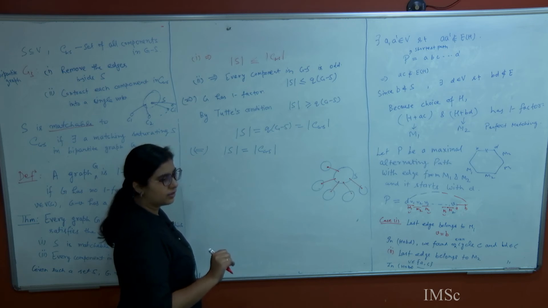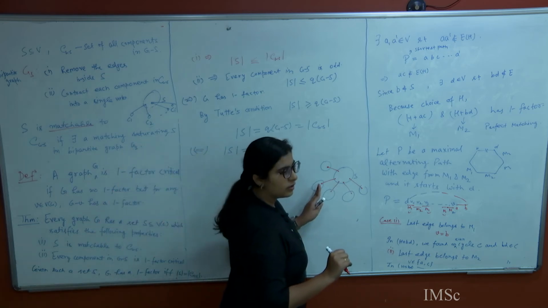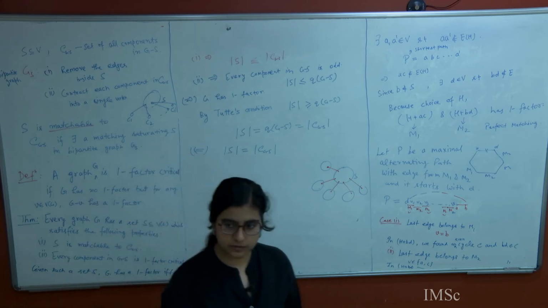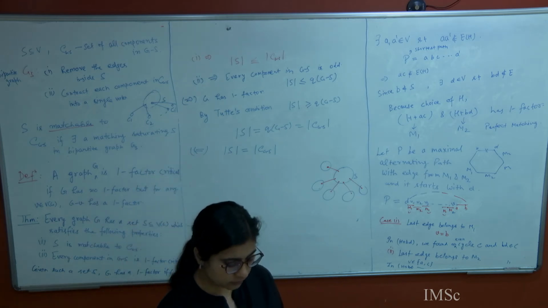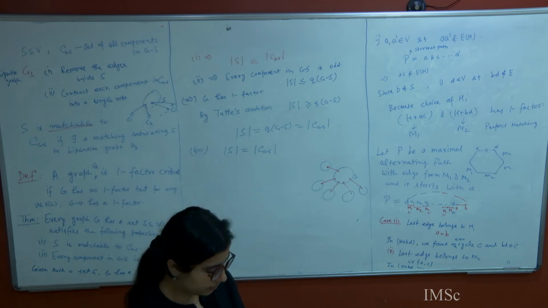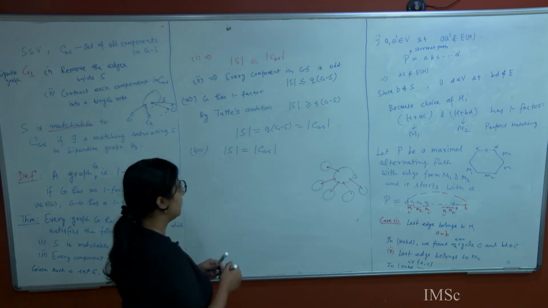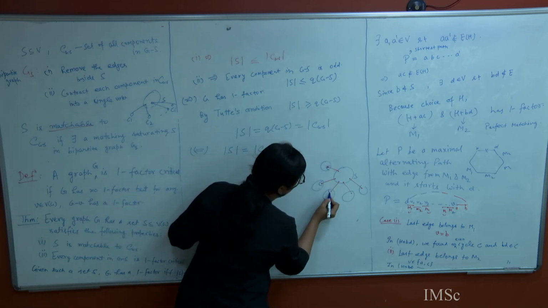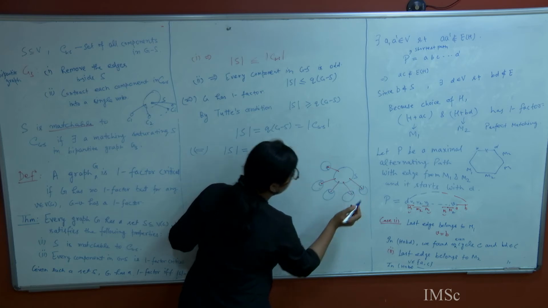What does it mean? If we remove the matched vertex in every component, that component has a perfect matching. So if we remove this vertex from these components, then they have a one-factor.